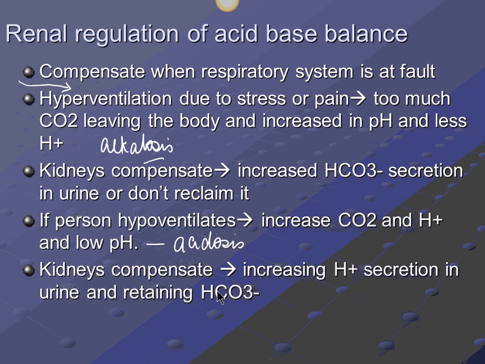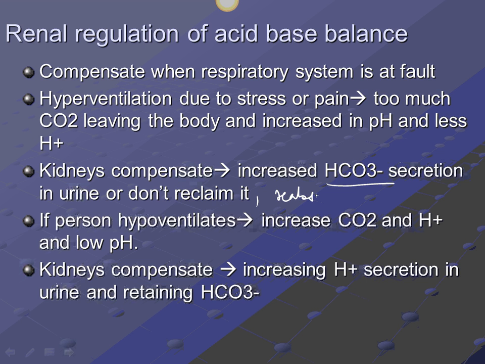So here you may want to write, in this case, they increase hydrogen ion secretion in urine and they reabsorb more bicarbonate and push it into the bloodstream so that you can bring the pH up to a higher level and achieve homeostasis.